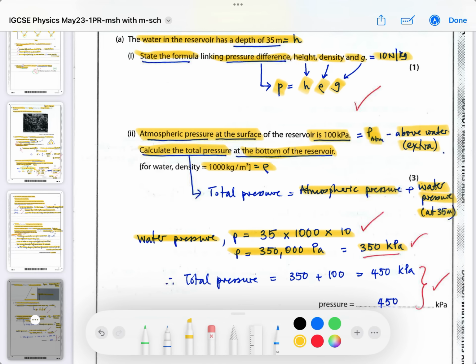Every 10 meters of water is equal to 1 atmosphere, I teach my students. So total pressure here is equal to 350 kilopascals due to the water, plus 100 kilopascals due to the air, gives you a total of 450 kilopascals, and they want the units in kilopascals, which is what I've done. Okay?